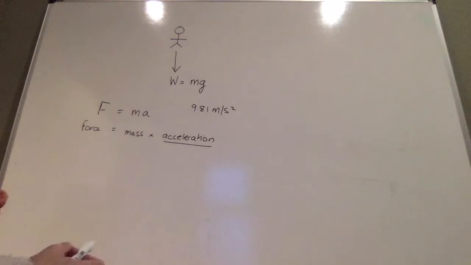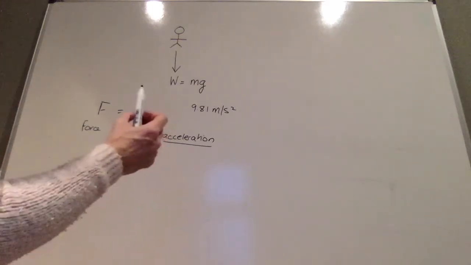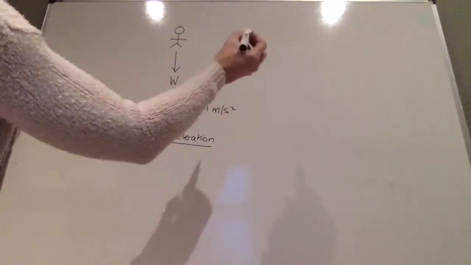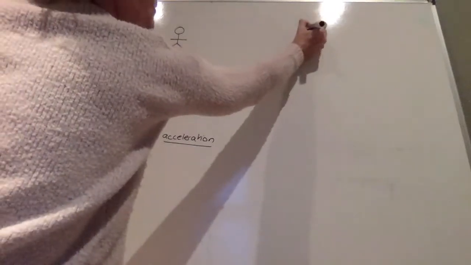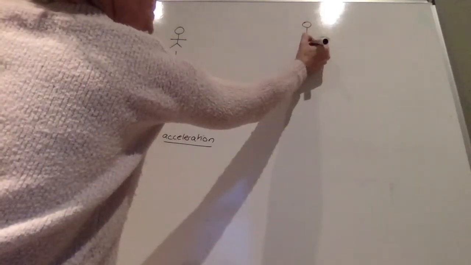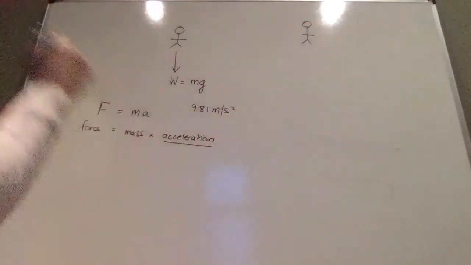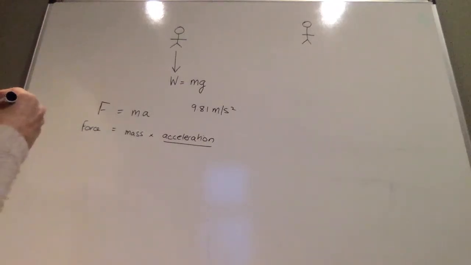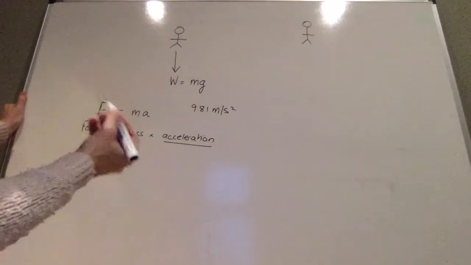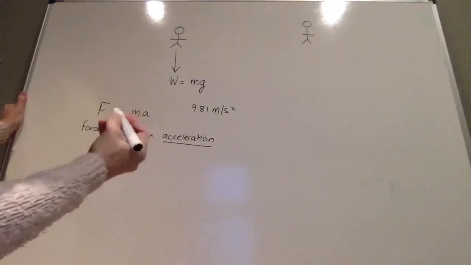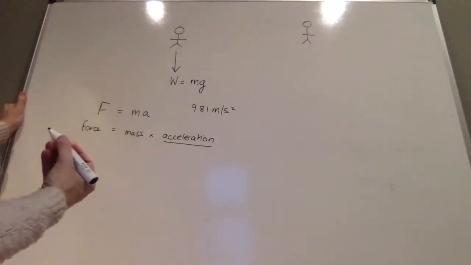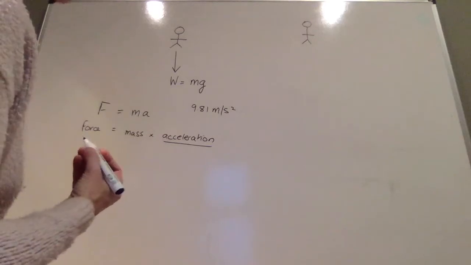Okay, now we want to talk about an object that starts from rest, in other words from 0 meters per second, and starts to fall. So we need to look at the forces on that object and work out what exactly happens at the different stages of falling.